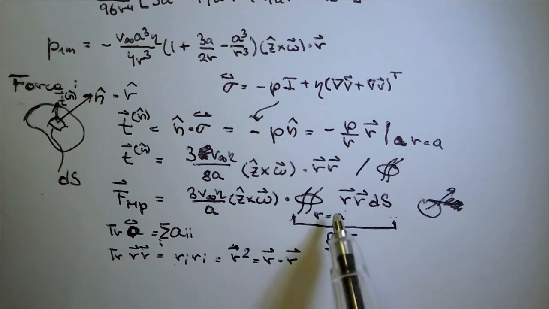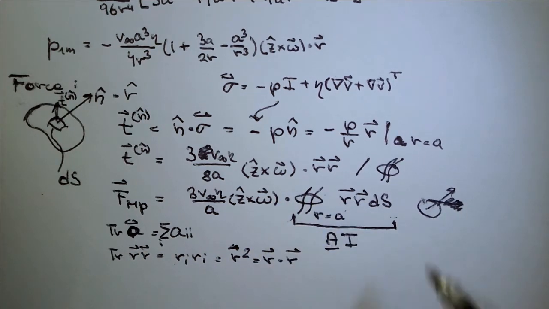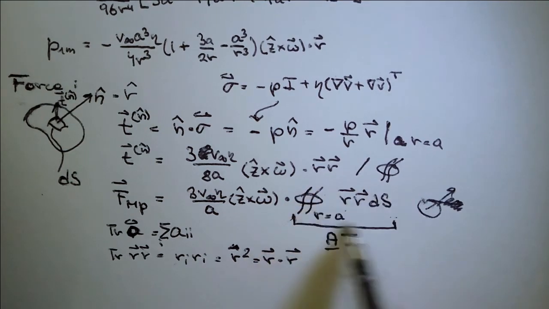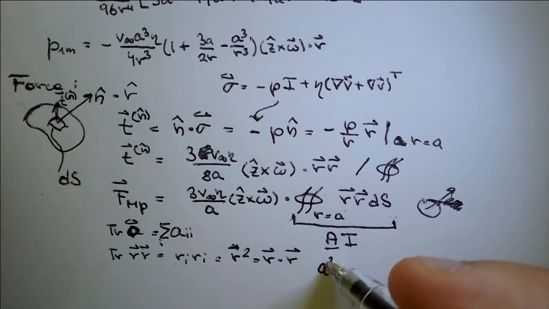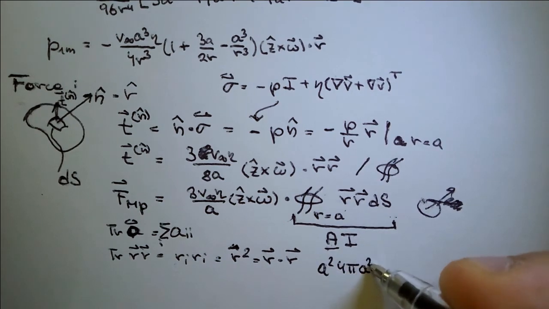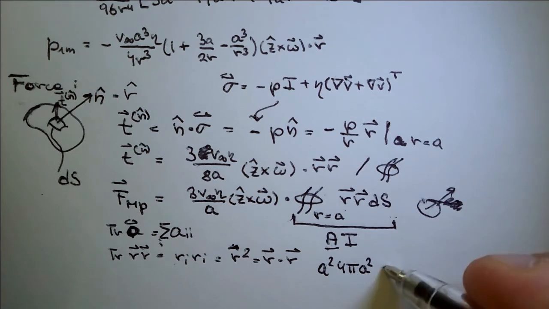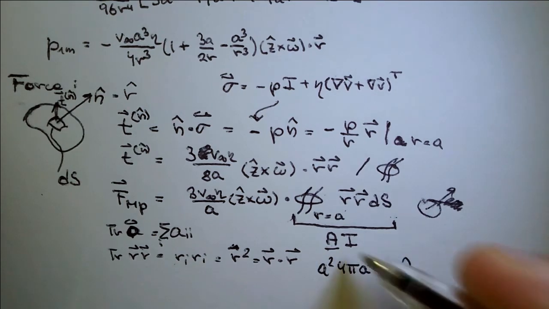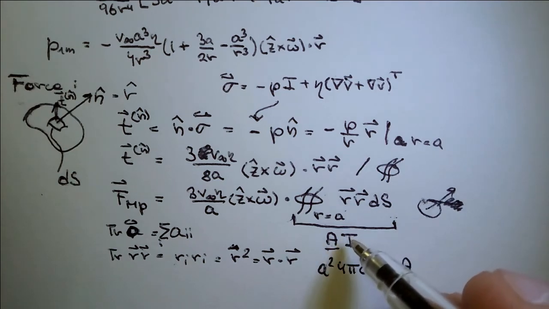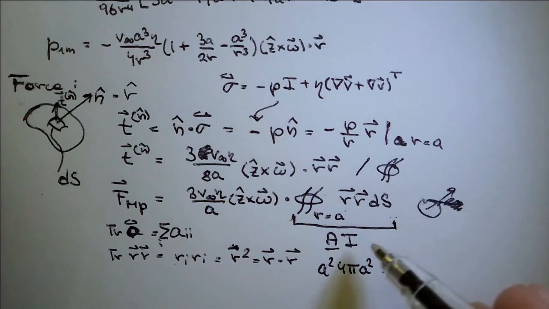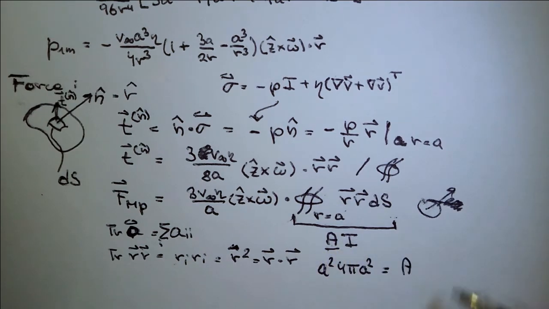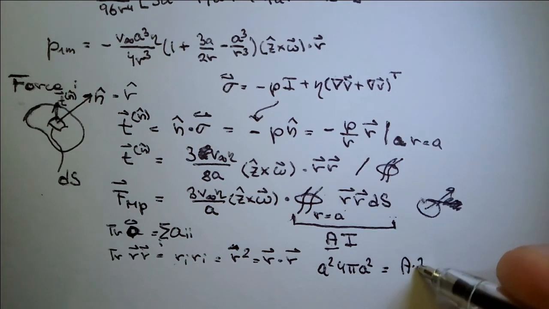So if you take the trace of this relation, you will get the integral of a squared dS. This is the surface of the sphere, which is 4 pi a squared, and this should be A times the trace of I, which is the same as the divergence of r, or in other words the sum 1 plus 1 plus 1, which is 3.